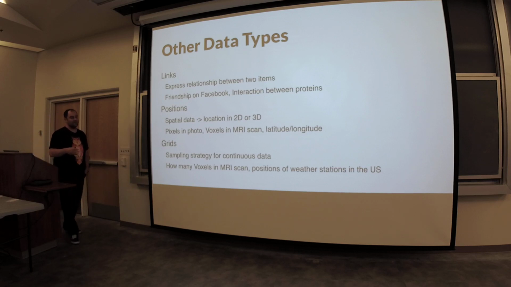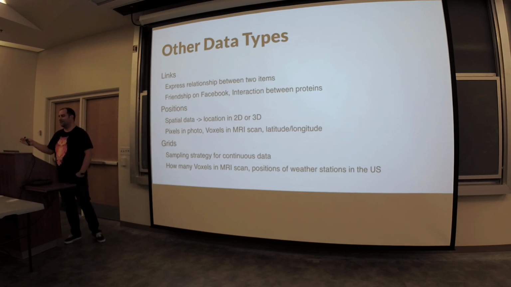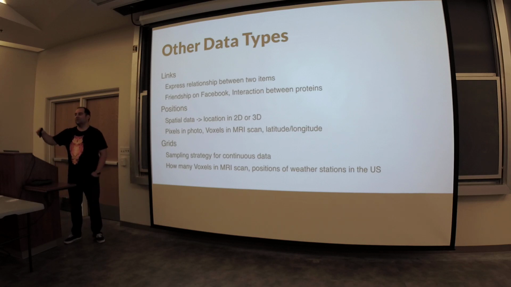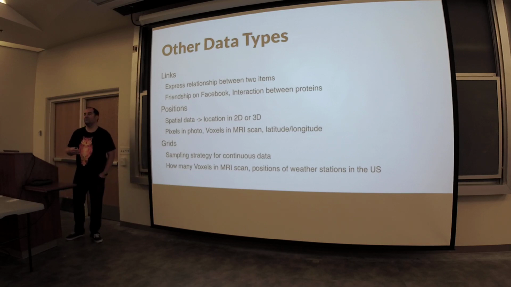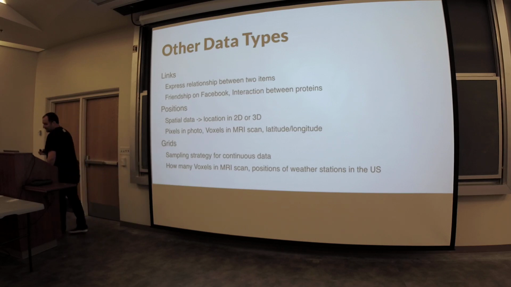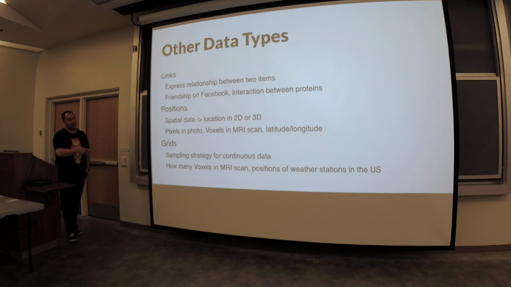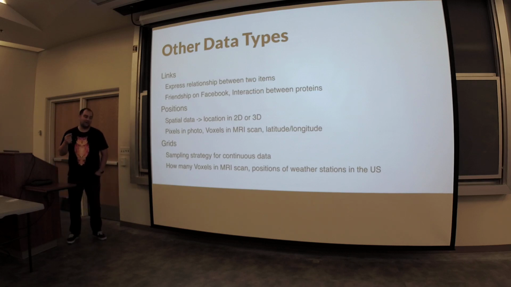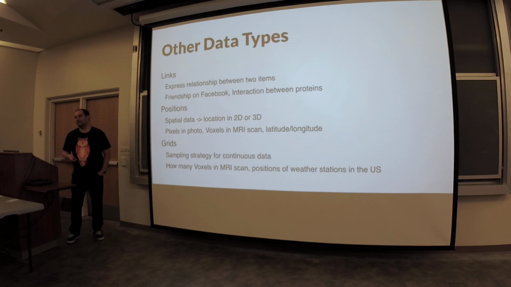If we have continuous data, like temperature across the surface of the United States, or elevation across the surface of the United States, or the temperature in a combustion engine in a 3D volume, then we need some grid so we can get discrete representations of this continuous data. What we care about here is how many voxels we have in an MRI scan, or how many weather stations we have in the United States, and how we sample this.